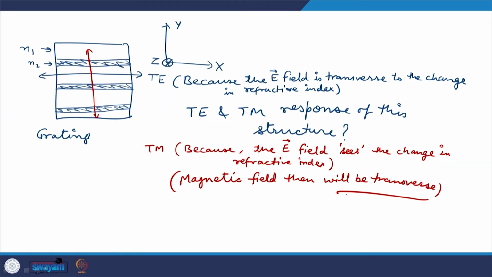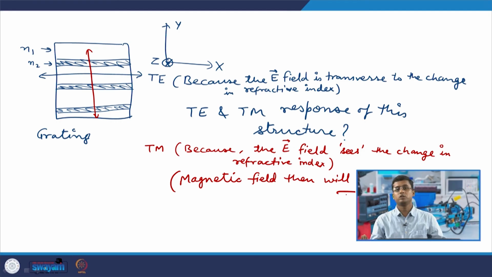Okay. Suppose we want to make a sensor and we want to see its transverse electric and transverse magnetic response. It is very important for one to know which way to put the polarizer. You have a sample like this, where the refractive index variation is like this. If the electric field component intersects through, this is transverse magnetic.